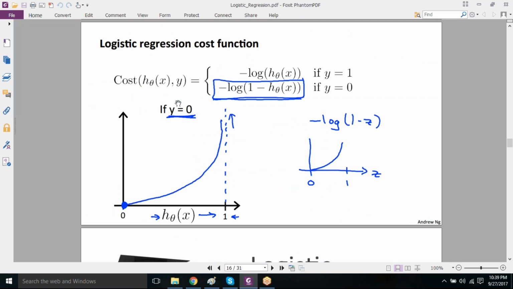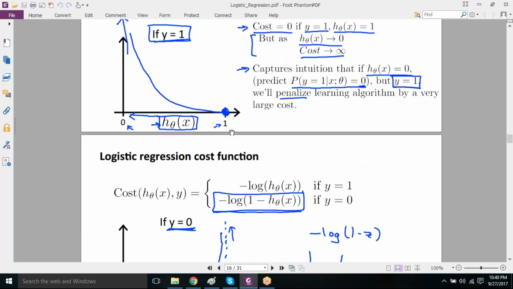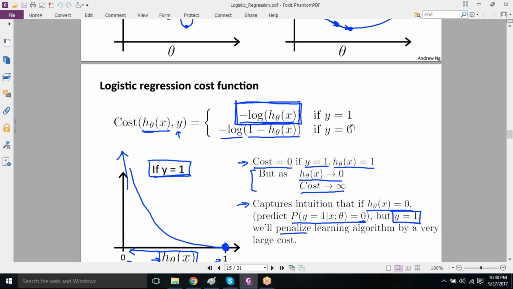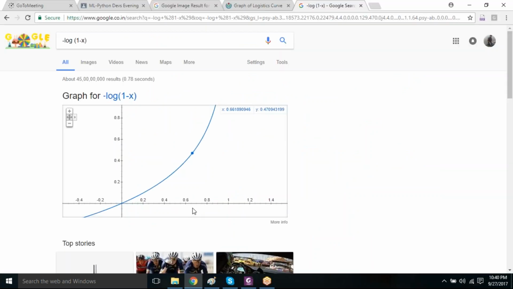So when y is equal to 0, you will get a curve like this. And when y is equal to 1, here, you will get a curve like this. Now, you may have questioned how this curve is coming? For that I would suggest you try different values of x.